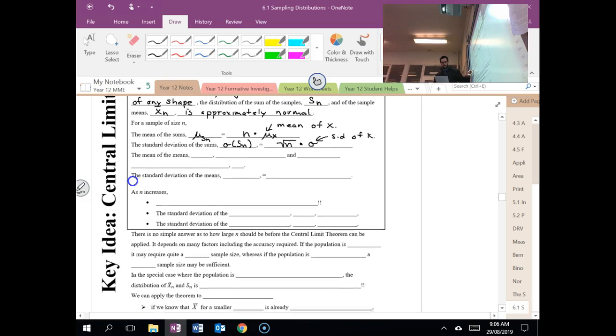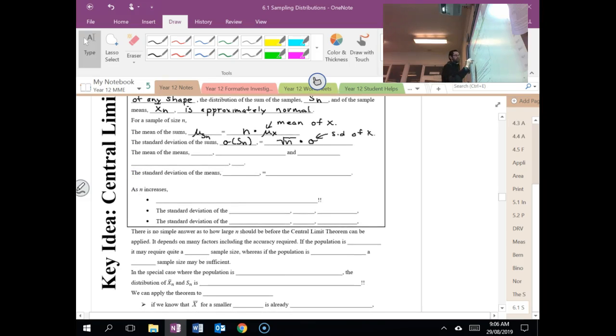Now the mean of the means, mu of x bar of n, is constant and is equal to the population mean.